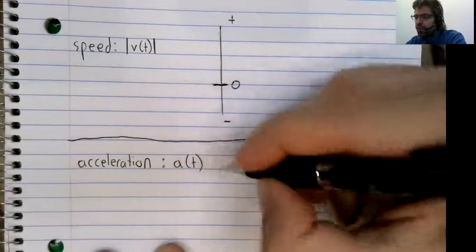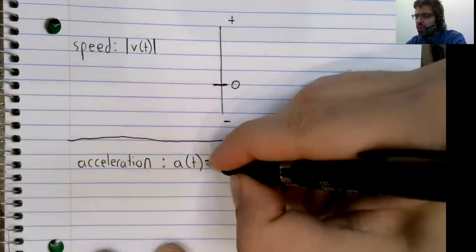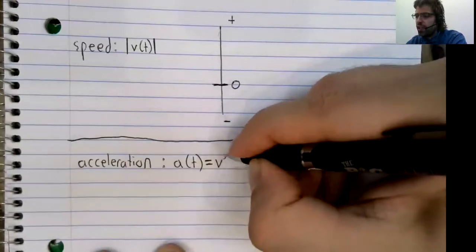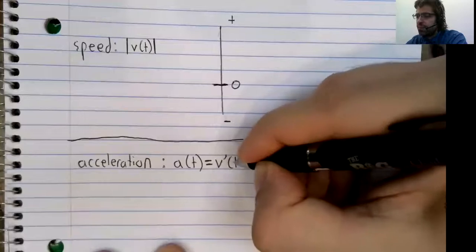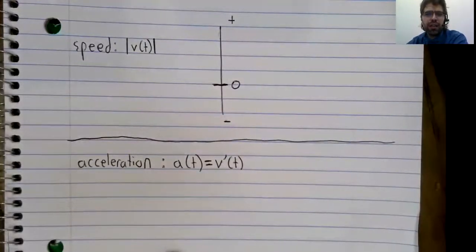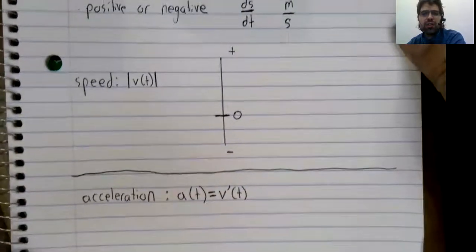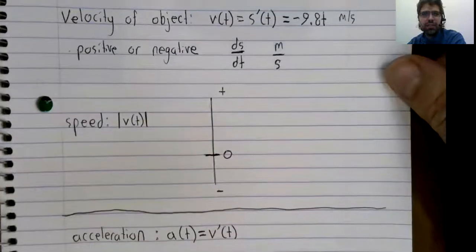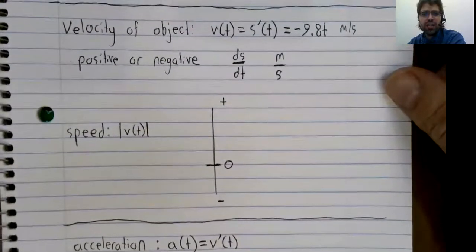And if we want to know how something's changing, that's a question of derivatives. So the acceleration tells us how the velocity is changing.